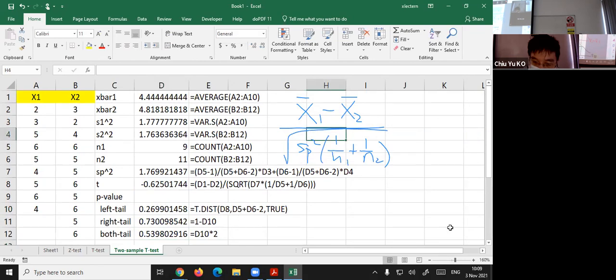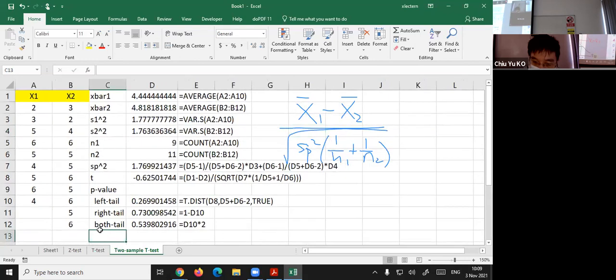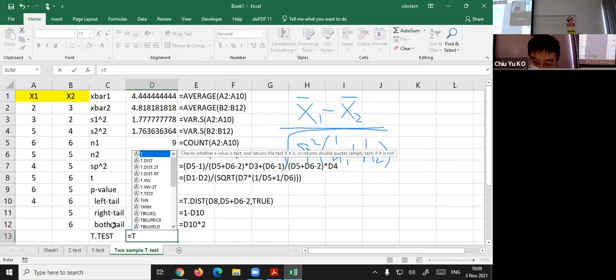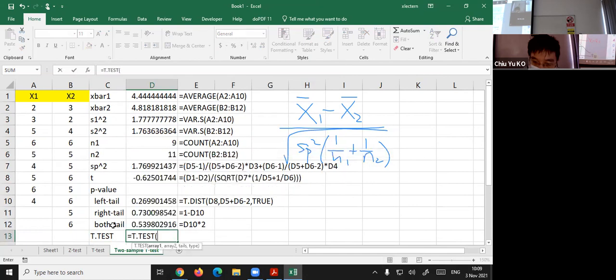Now because I want to do the t-test, it will be T.TEST, x1, x2. Let's do one tail. And we are doing type 2 here.